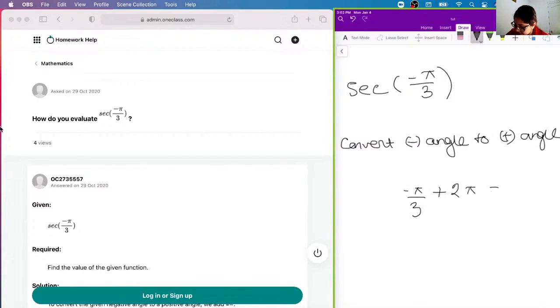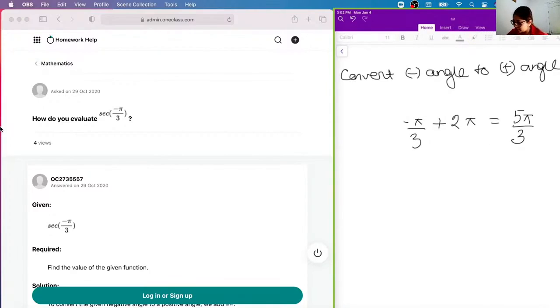And this will give you a new angle, which is 5 pi over 3. So this is your new positive angle. And using this, we can find the answer for our question.